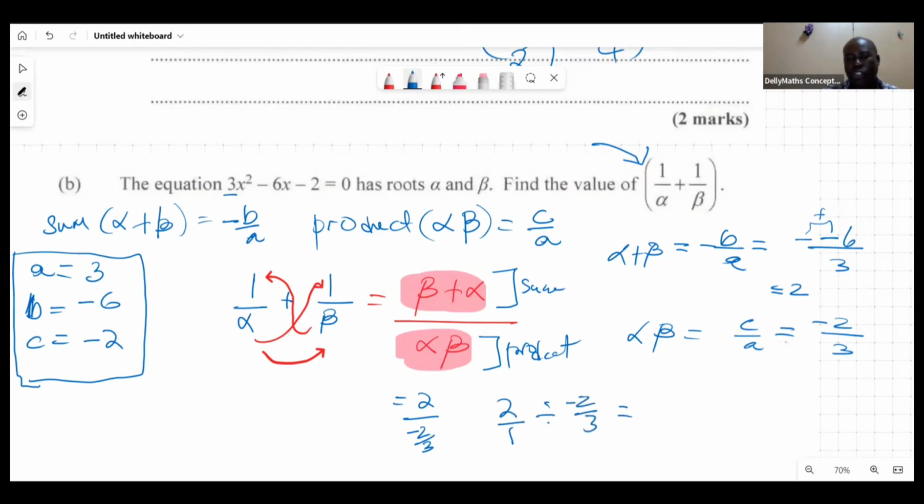We're doing ordinary fractions. 2 over 1 multiplied by 3 over -2. That's a negative. So 2 into itself 1, and we have a -3 for the answer, right? So 1 over alpha plus 1 over beta, when you evaluate that, you will get -3.